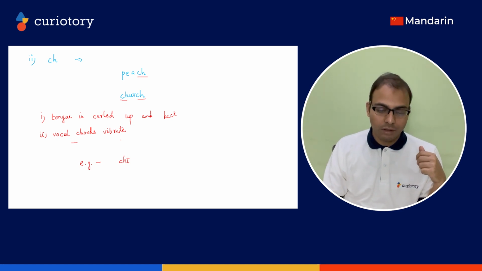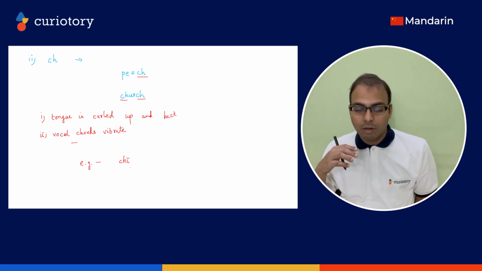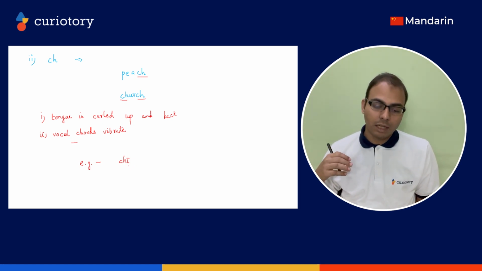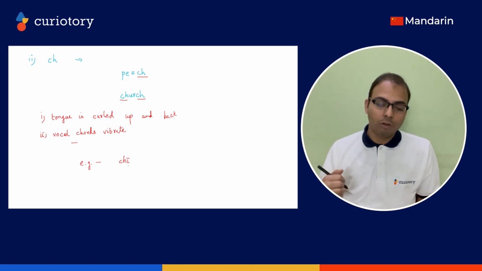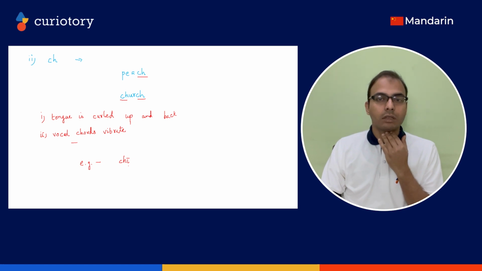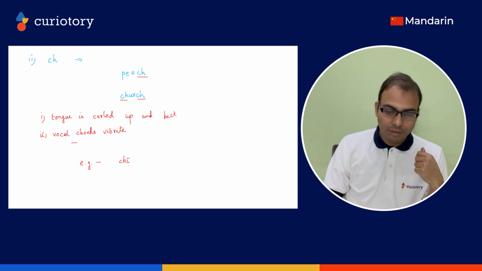As we say chi, we have to take care that our tongue is curled up and back and our vocal cords are vibrating. Once again, chi. You have to ensure that your vocal cords are vibrating when you are saying it.